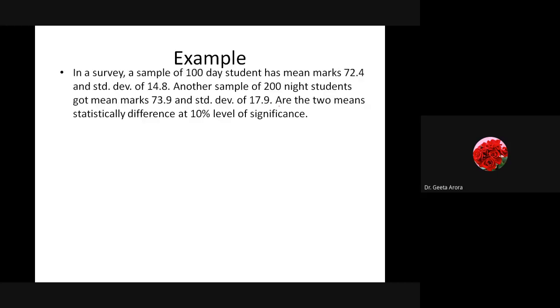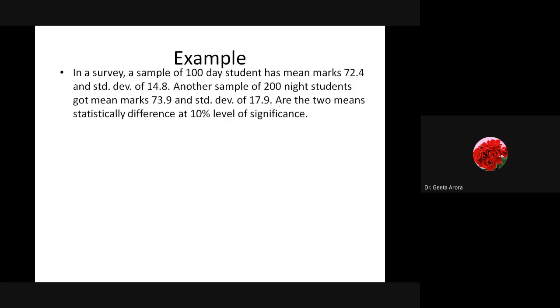Whatever research or conclusions are coming nowadays regarding COVID-19, for example which type of food is good for us, a lot of surveys are still going on, and whenever we have to do some survey and conclude something, these tests come into the picture. So whatever we are learning today is based on real life scenarios, and it is very useful in finding out any impact on society.